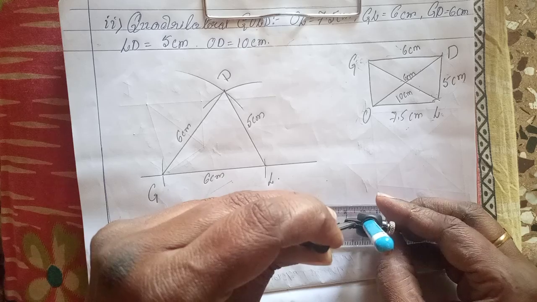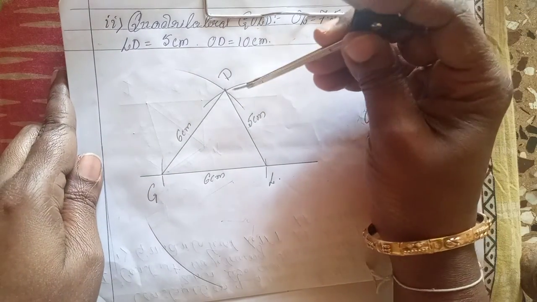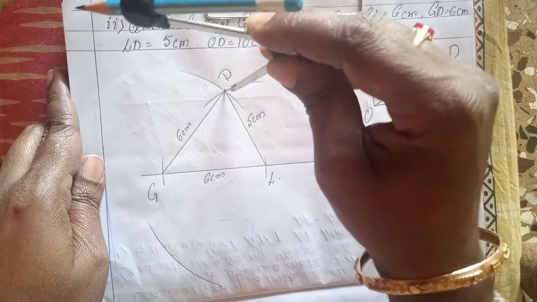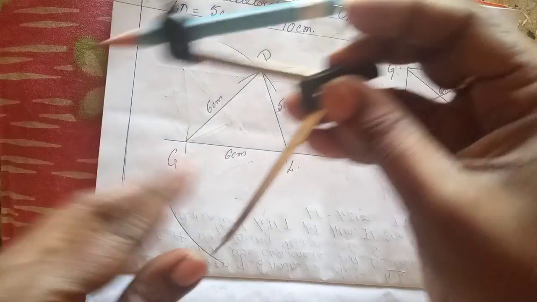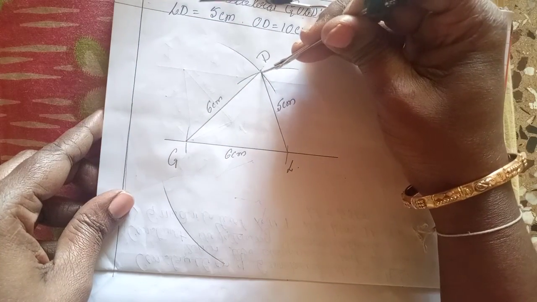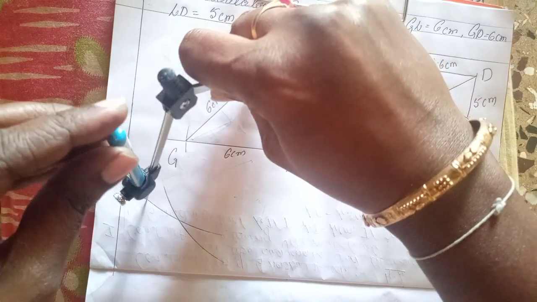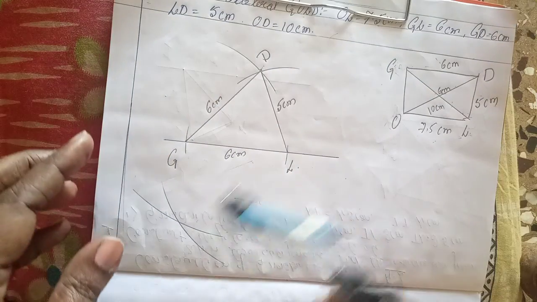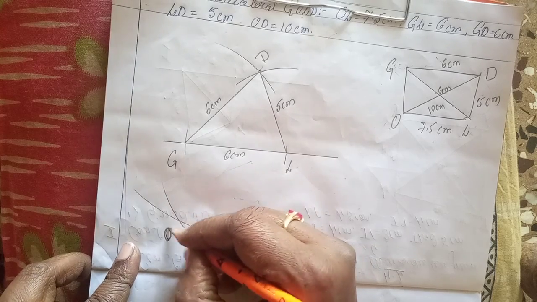Pointing the compass needle on the point D, cut an arc which should cut the previous arc drawn from L. Okay, it is cut. The point of intersection of these two arcs will be the point O.